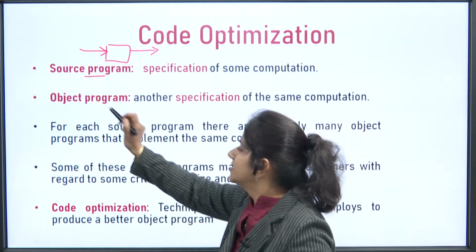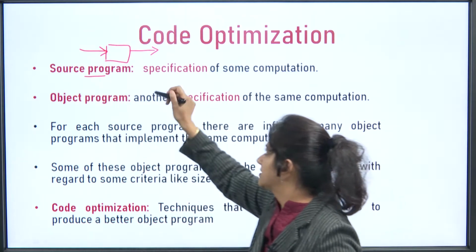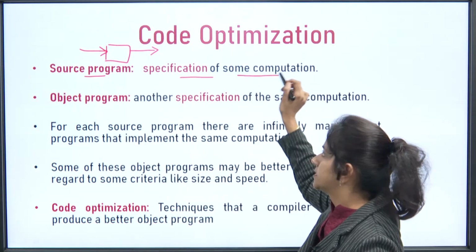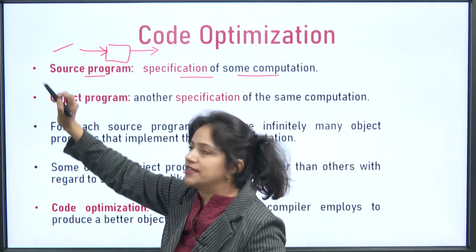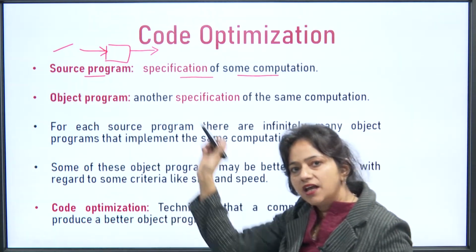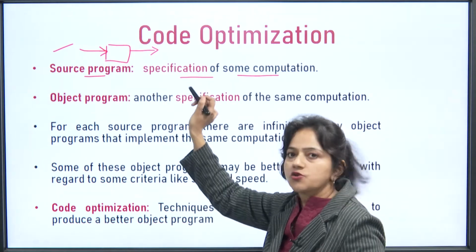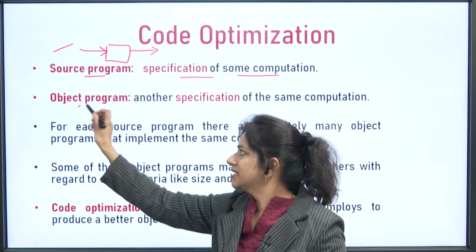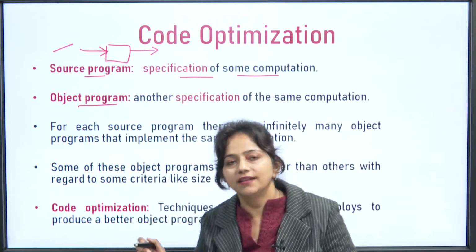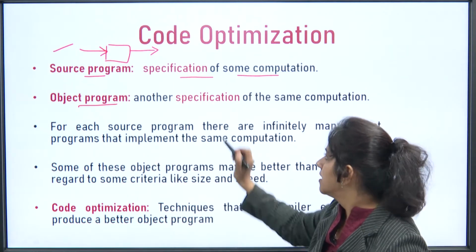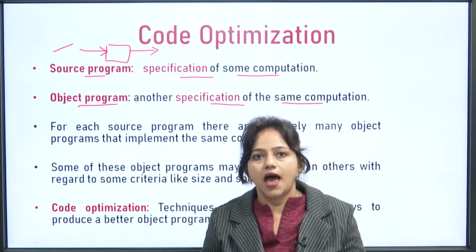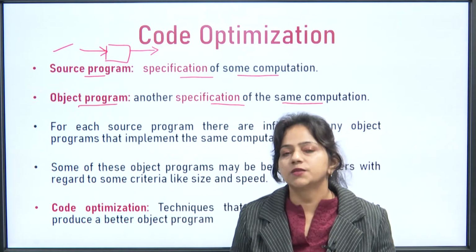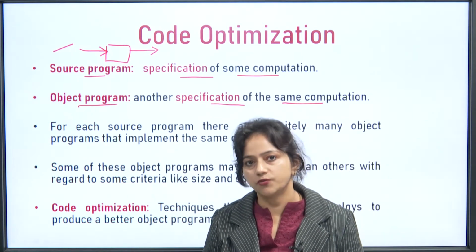So, we can say the input to the compiler is actually the specification of some computation. The compiler will produce the target code, or the object program, which is another representation, another specification, of the same computation.